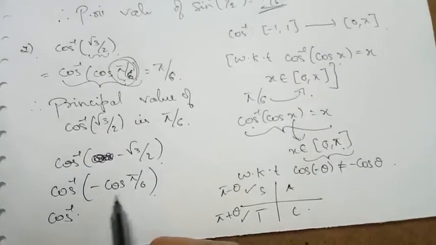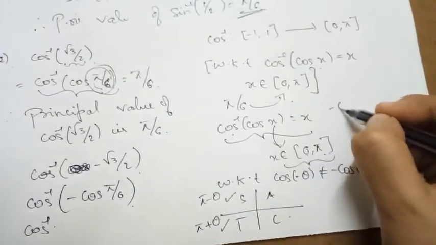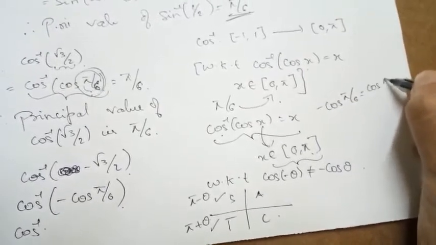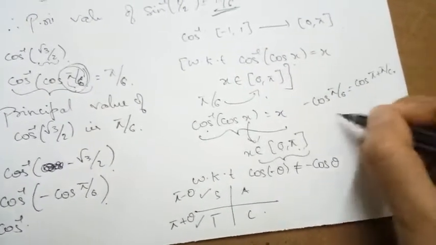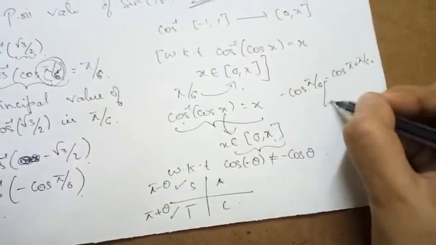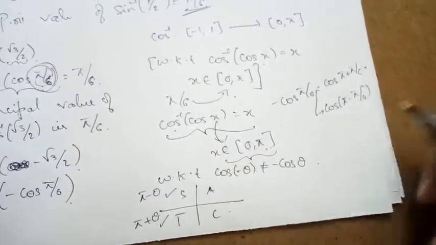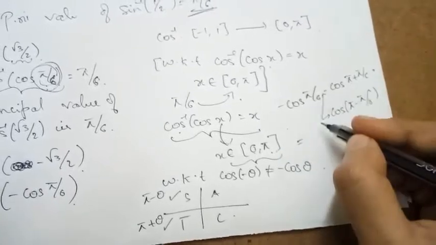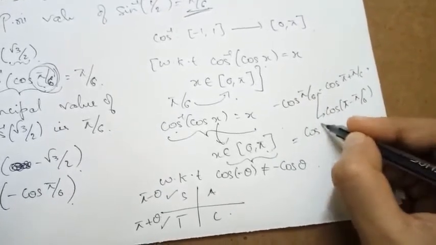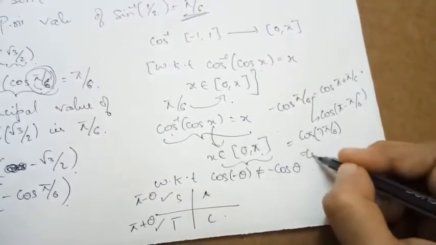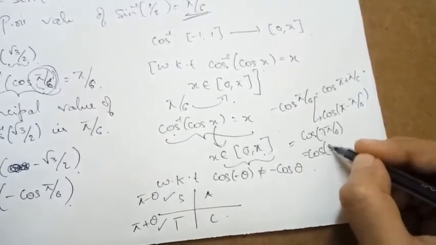So here minus cos pi by 6 is equal to cos of pi plus pi by 6. Another one, this is also equal to cos of pi minus pi by 6. That is cos of 7 pi by 6, which is also equal to cos of 5 pi by 6.